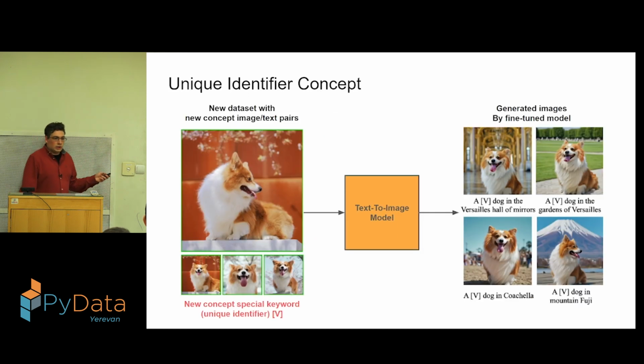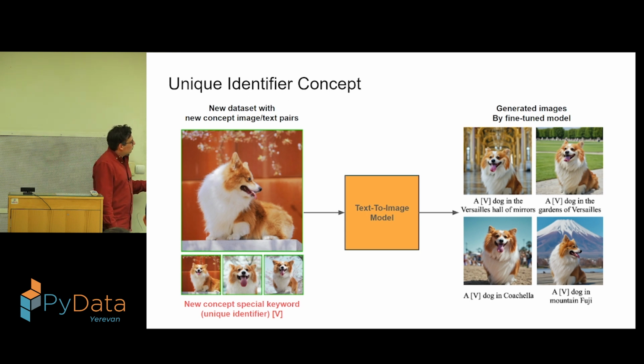Before we go to the next ones, we need to introduce one more concept to our dataset. We need to add to our concept a special keyword that we call a unique identifier. In this case, it is bracket V. If we want the model to generate this particular dog, we specifically specify this dog with this V unique identifier.